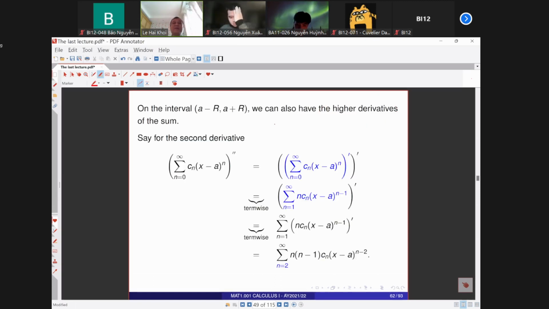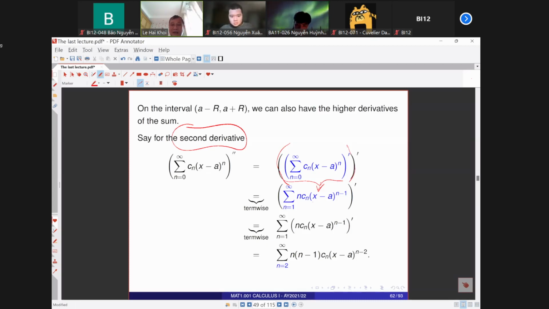Okay. So, for example, you can have the second derivative. The second derivative is the derivative of the first derivative. For the first derivative, you take the differentiation term-wise, you get this one.